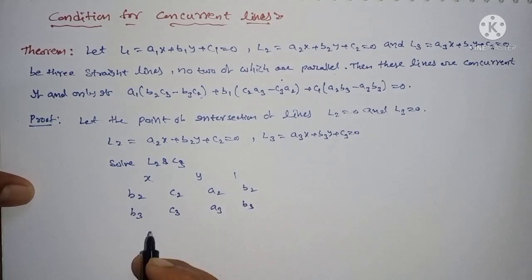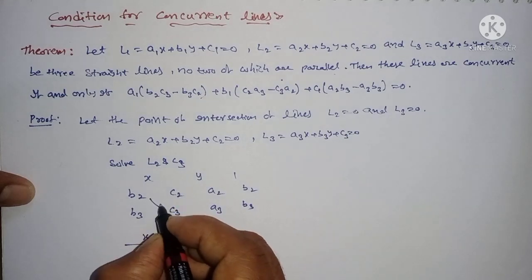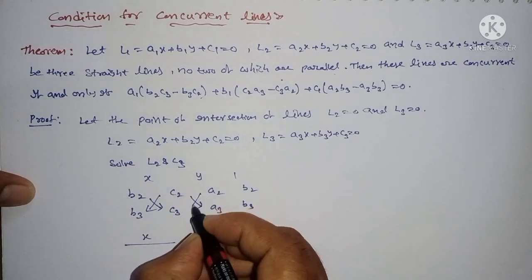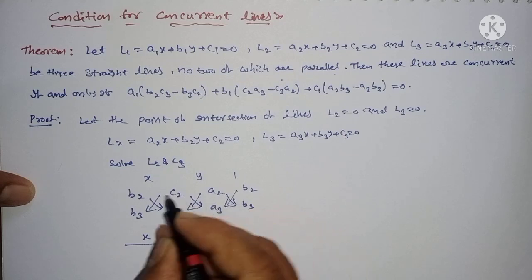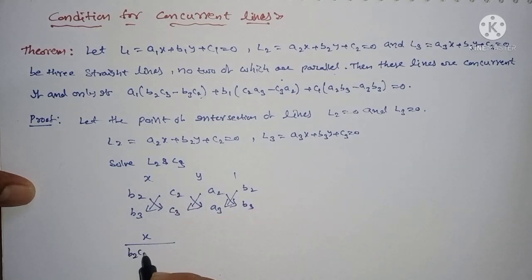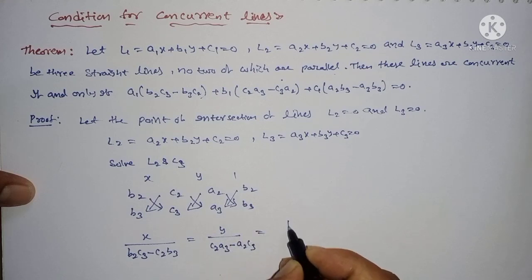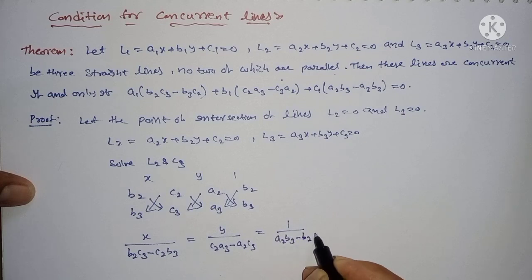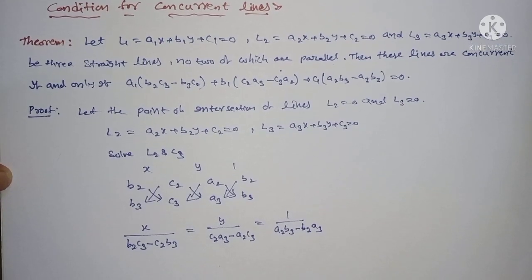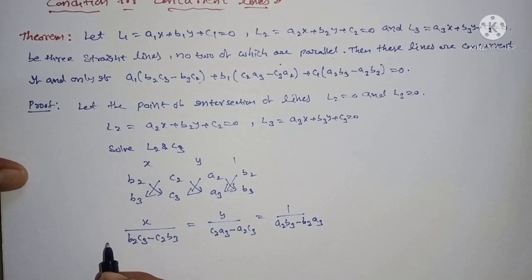Therefore x by, do method, this is b2 c3 minus c2 b3, y by c2 a3 minus a2 c3, 1 by a2 b3 minus b2 a3. Therefore the intersecting point P, what you are getting here?